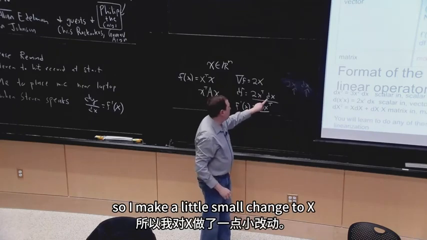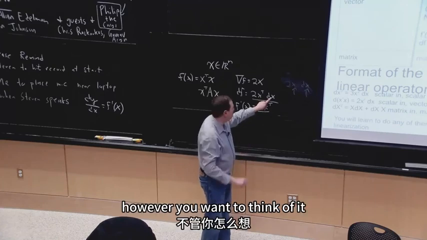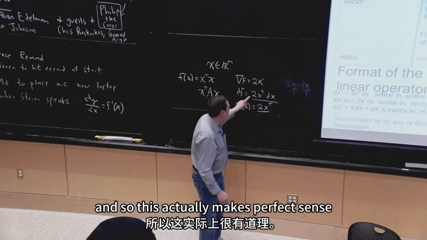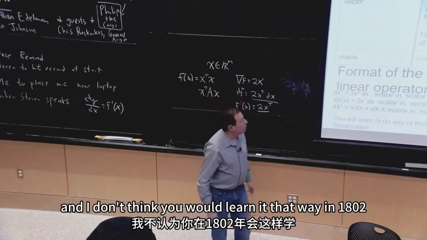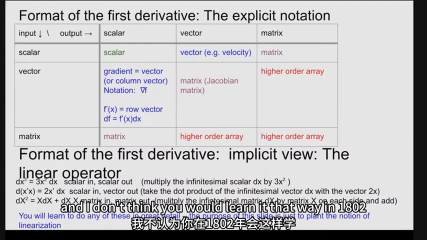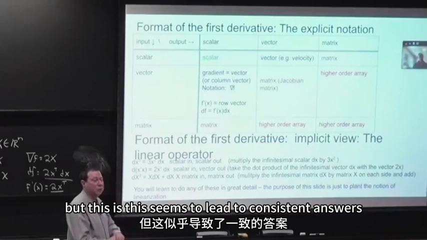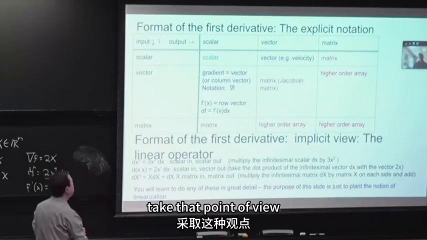I make a tiny change to x, and out comes a scalar change to f. So this actually makes perfect sense. I don't think you would learn it that way in 1802, but this seems to lead to consistent answers, and so we're going to encourage you to take that point of view.